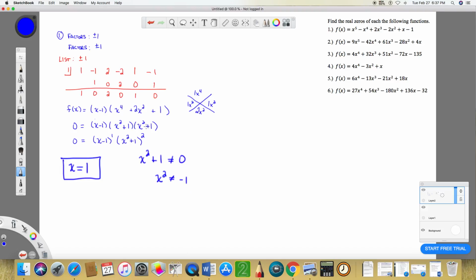So we've got two positive numbers being multiplied together, and that's not going to result in a 0. So our final answer for number 1 is just a 0 of 1. These other 4 zeros would be complex numbers.